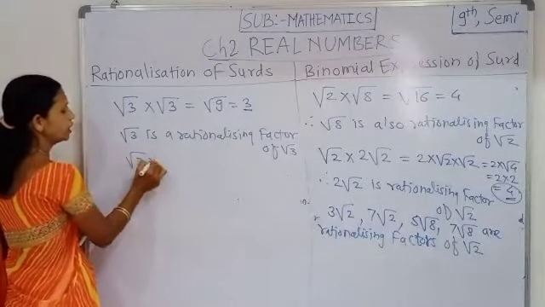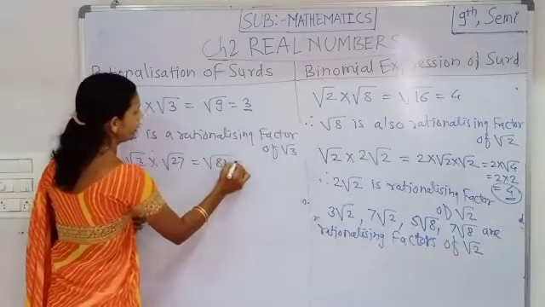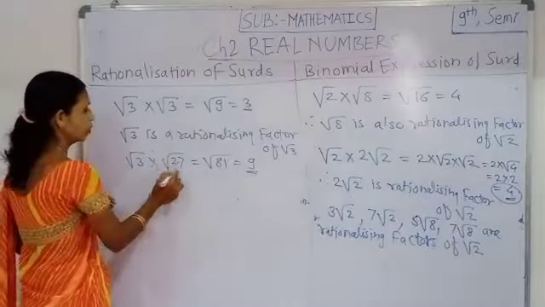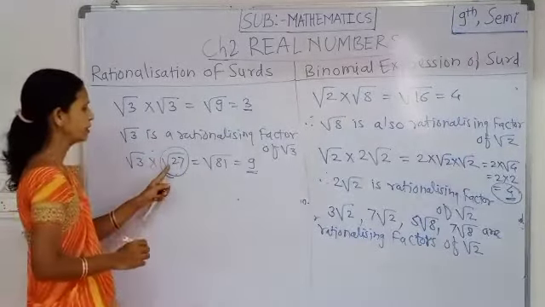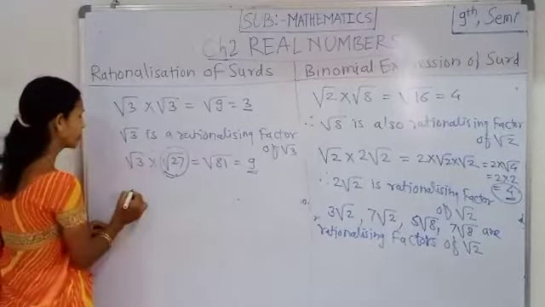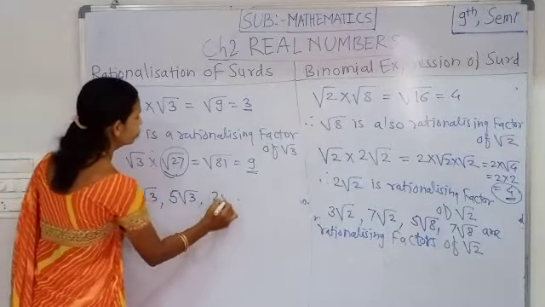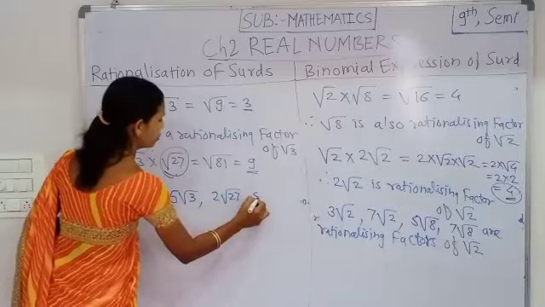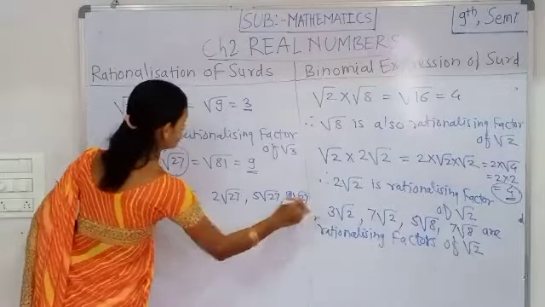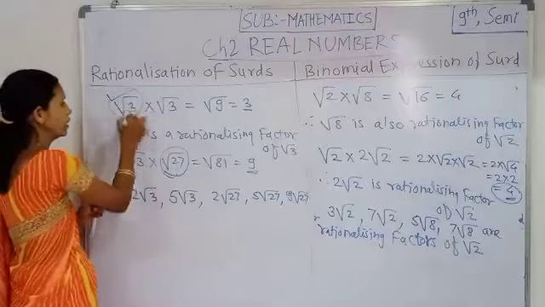Similarly, root 3 multiplied by root 27 gives root 81, that is 9, also a rational number. Therefore root 27 is also a rationalizing factor of root 3, as well as 2 root 3, 5 root 3, 2 root 27, 5 root 27, 9 root 27.